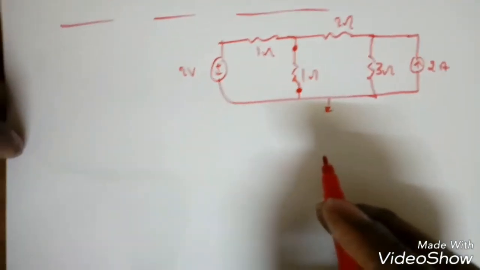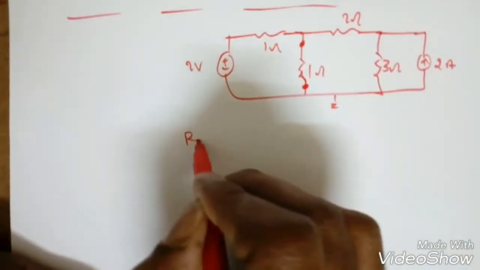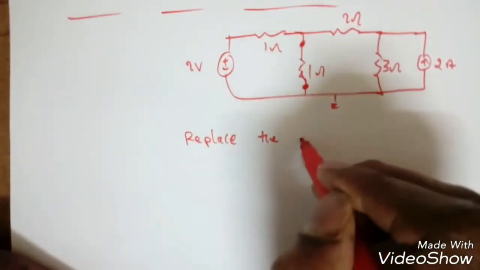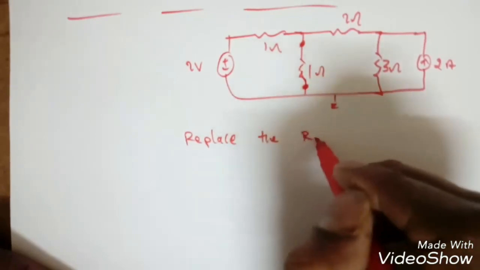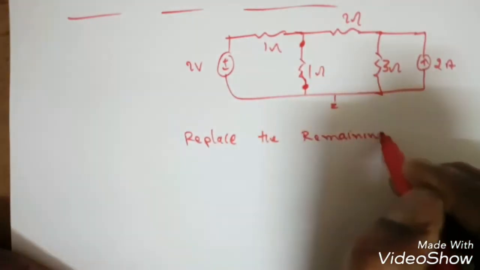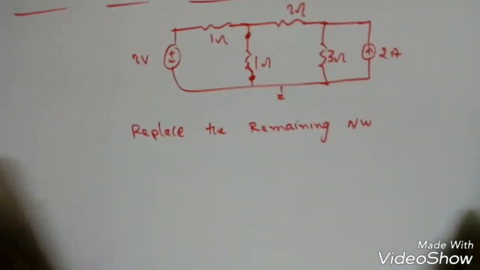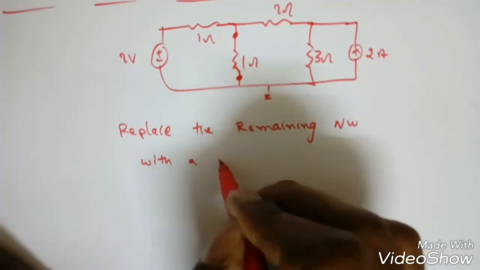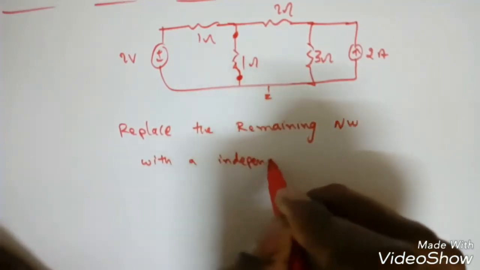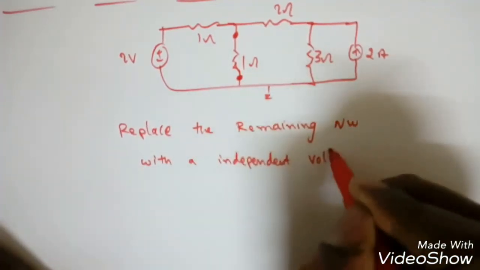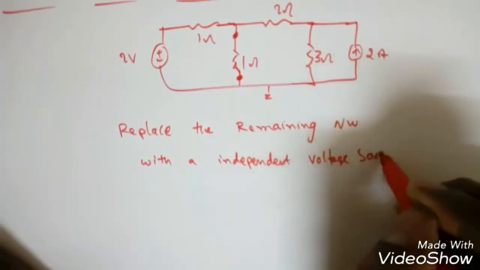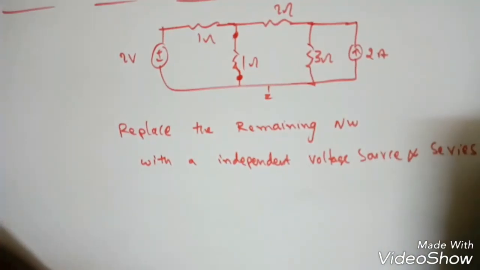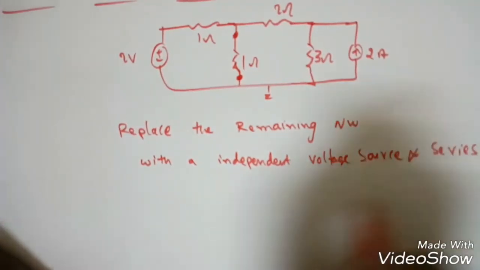Now what this Thevenin theorem tells you, that replace the remaining network, replace the remaining network with a independent voltage source and series resistance, right?